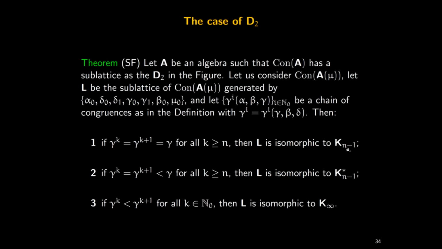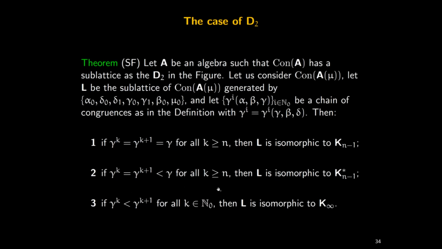Either you obtain this Kn-1 that I will show you in the display, or you obtain a Kn-1 star, that is another one, or K infinite. This depends on how the chain of congruences gamma i is behaving.